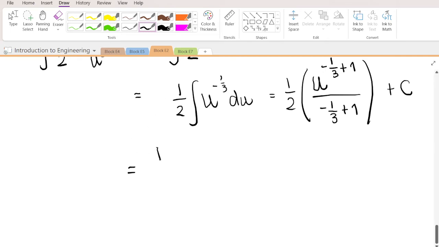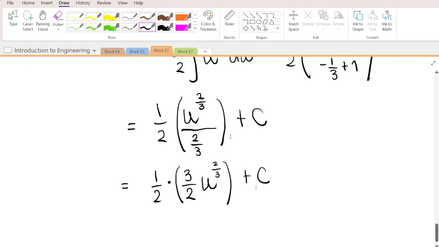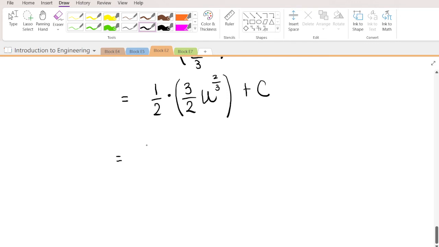Okay, so I'm correct. 1/2, you have u to the power of 2/3, and then over 2/3 plus c. And after that, you get 1/2 times the reciprocal of 2/3, which is 3/2, and then u to the power of 2/3 plus c. So, finalizing, we have 1/2 times 3/2, that's 3 over 4 u to the power of 2/3 plus c.